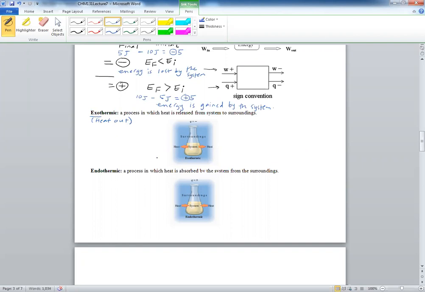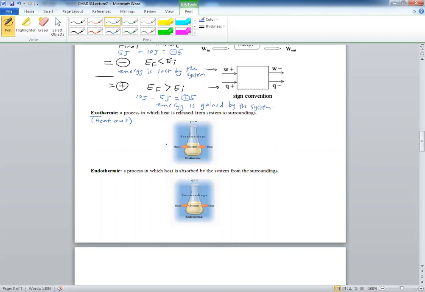Exo means heat out. The process in which heat is released from the system to the surroundings. So if the system releases heat, that's called an exothermic process. If you have endothermic, that's a process in which heat is absorbed by the system from the surroundings.